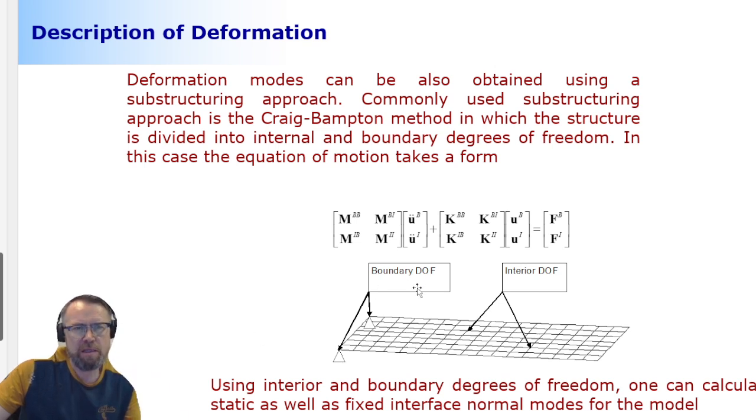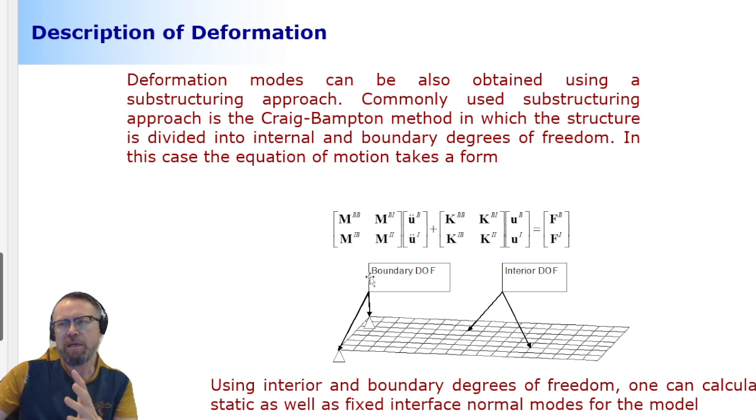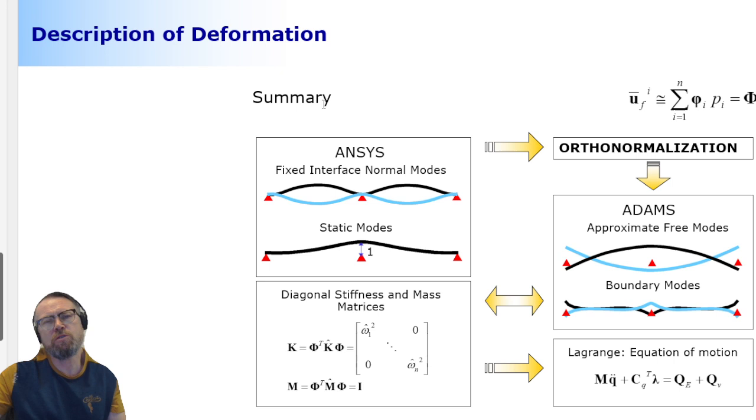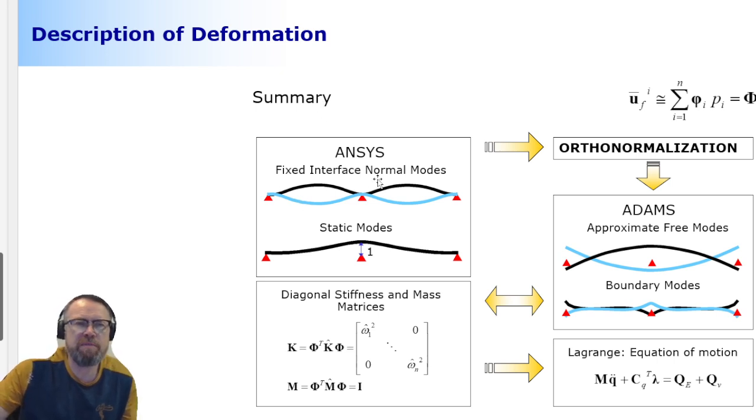The one that is associated to interior degrees of freedom, the one that is associated to boundary degrees of freedom. At the boundary degrees of freedom, you introduce a unit displacement, and then you see how the structure is behaving. You can get 2 sets of modes, which is called fixed interface modes.